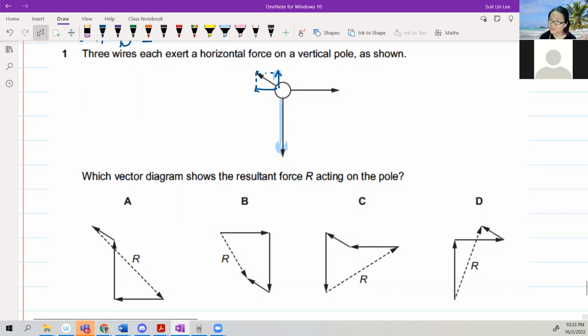So which one is the resultant? What do you think?